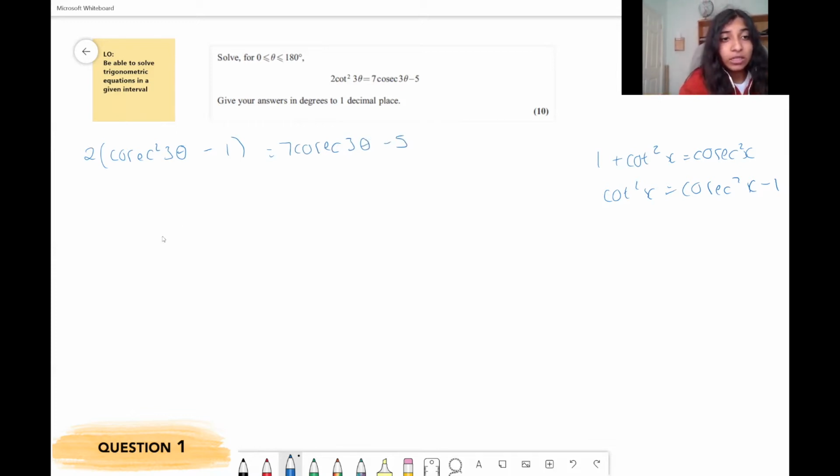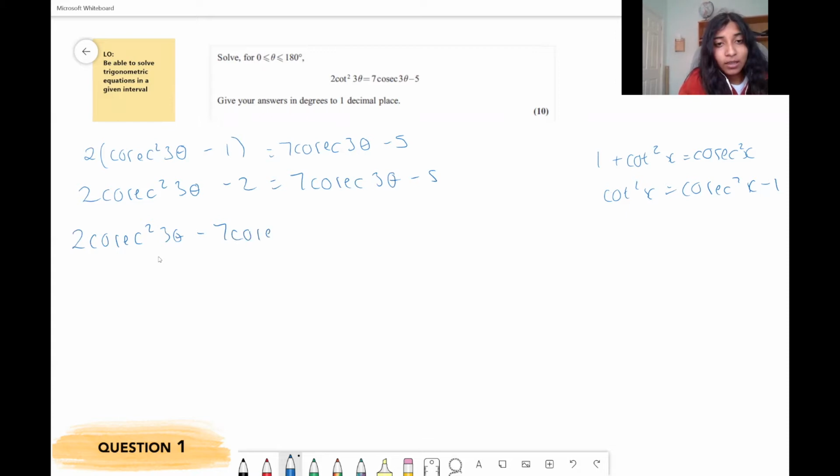So we get 2 cosec squared 3 theta minus 2 is just equal to 7 cosec 3 theta minus 5. And now we can just rearrange to get an equation that's equal to 0. So we would get 2 cosec squared 3 theta minus 7 cosec 3 theta minus 2 plus 5, so that's just plus 3, is equal to 0.